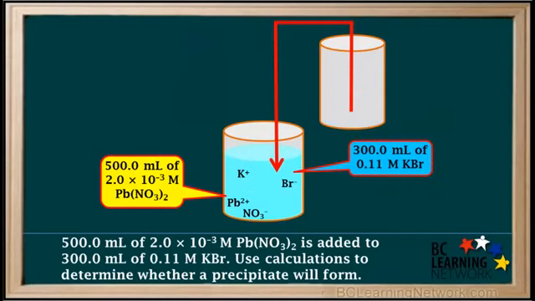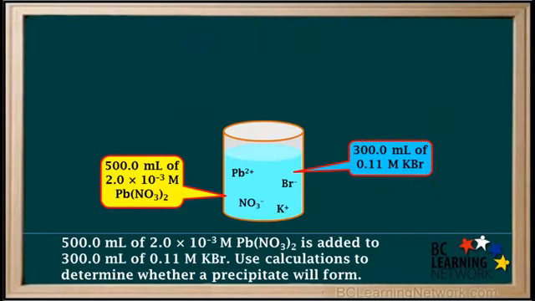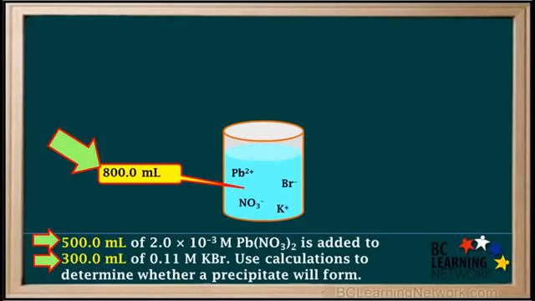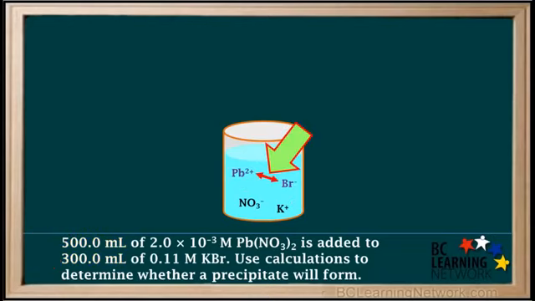Then they are mixed. The final mixture contains all 4 ions, Pb2+, NO3-, K+, and Br-. And the final volume of the mixture is 500 milliliters plus 300 milliliters, which is a total of 800 milliliters.